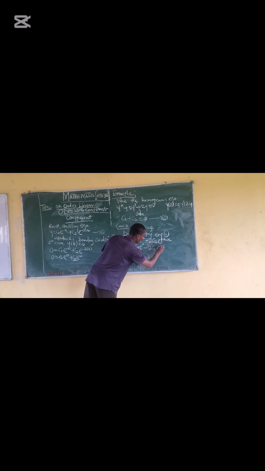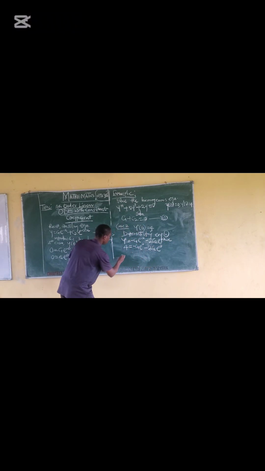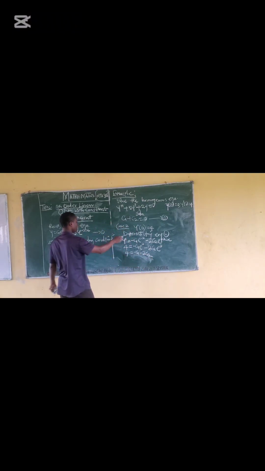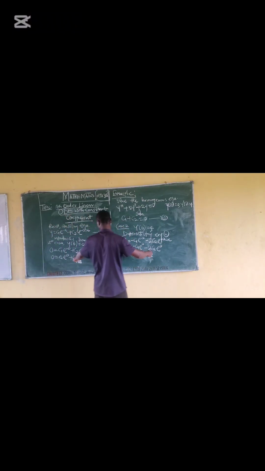If I put 0 here, I'm getting 1. All right. So this is 4 equal to minus c1 minus 2c2. So let's call this equation 3.